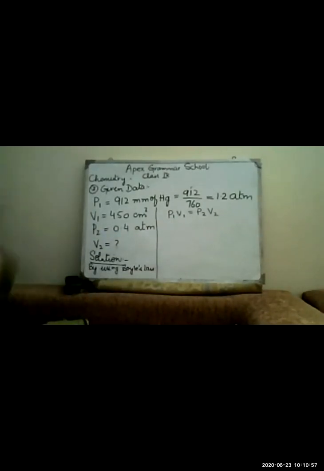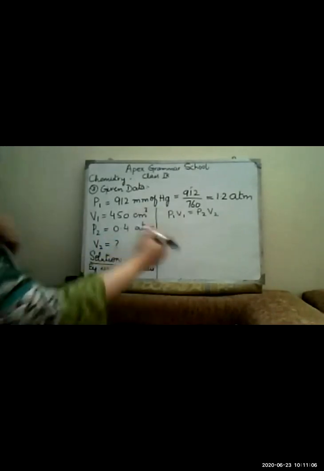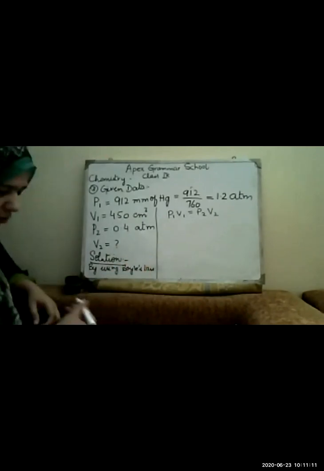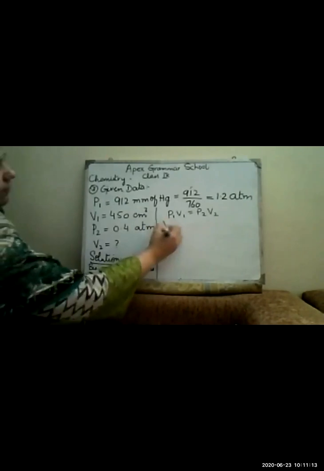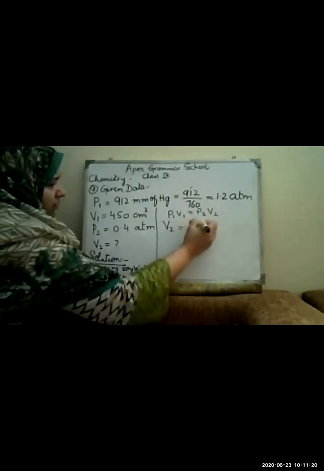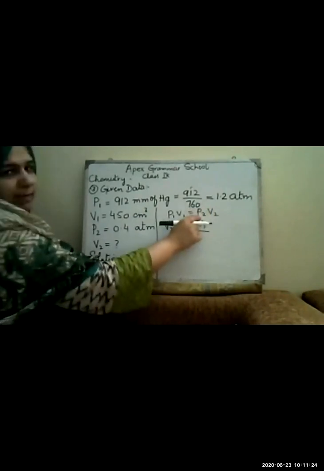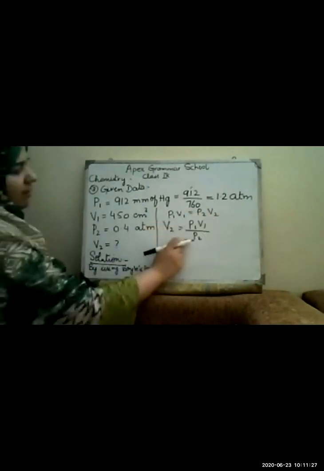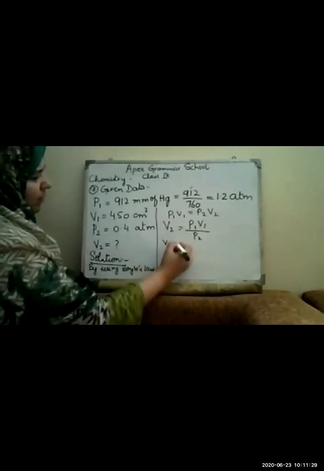Now you have to determine the value of V2. You can also write down the values and then do it, or you can simply rearrange the formula and then write it down. So you can say that V2 is equal to, now what happens? P2 is multiplying over here, so if we go on the other side, it will be dividing. Then you will write down by putting the values.